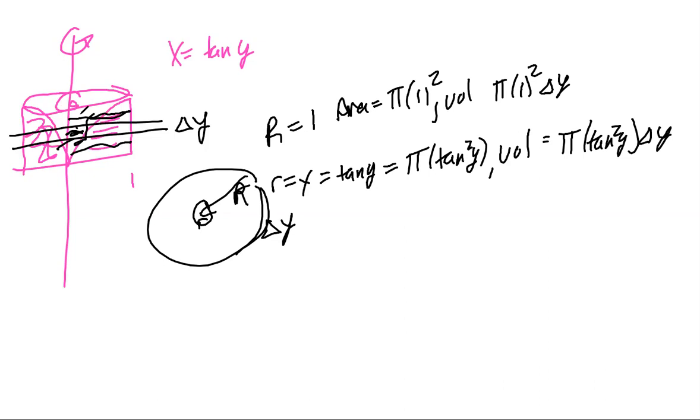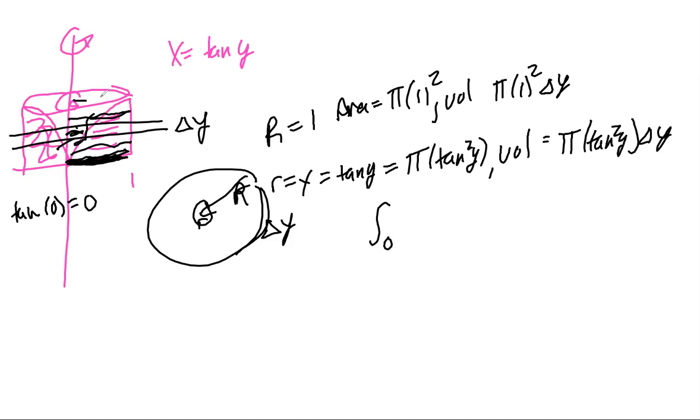Now, the only thing that's a little bit weird is this. Because we're doing this in terms of y, we need to know what's going on here. So that's where y is going to equal 0. To find this value, tangent of 0 is 0, so our bound of integration here is 0.